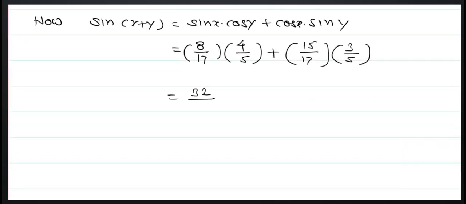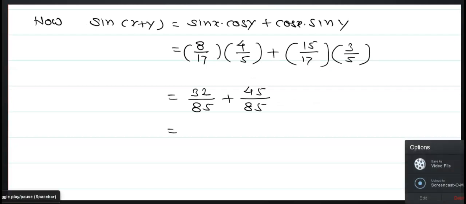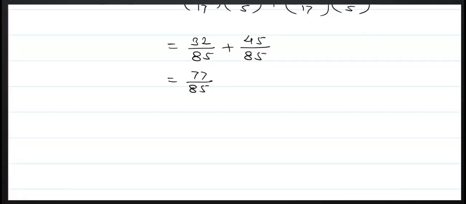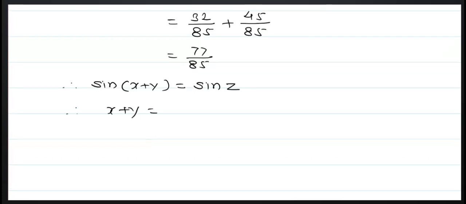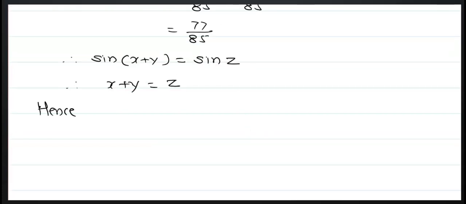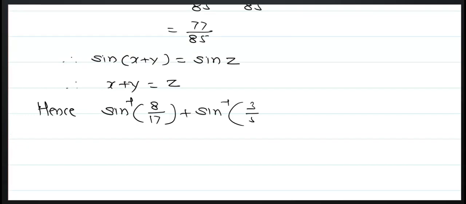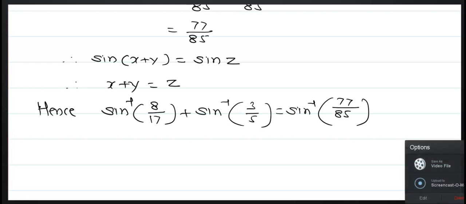If you evaluate, you will get 32 upon 85 plus 45 upon 85, that is 77 upon 85. So sin of x plus y is equal to sin of z. Therefore, x plus y is equal to z. And hence sin inverse of 8 upon 17 plus sin inverse of 3 by 5 is equal to sin inverse of 77 upon 85.